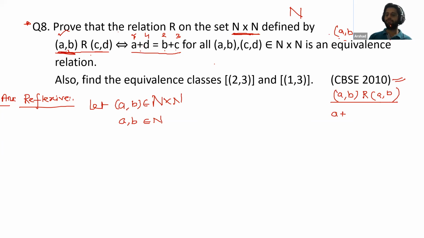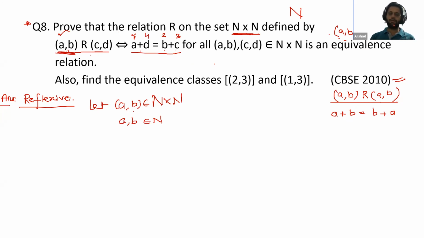No, but here we do not have d. We are proving that this is reflexive. Here we have b, very good, is equal to, what is the second element? b. What is the third element? Very good, a. So we have to show a plus b is equal to b plus a.